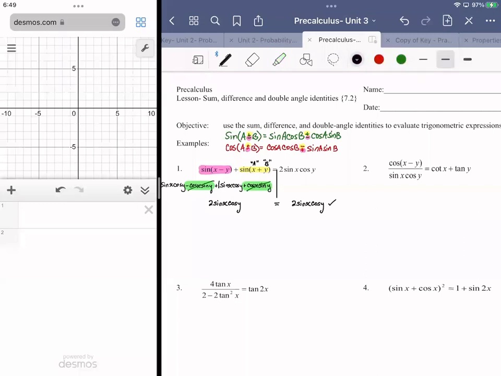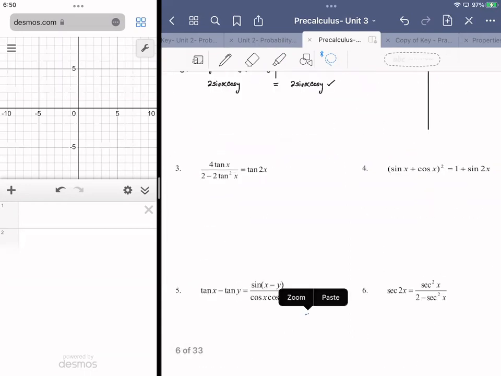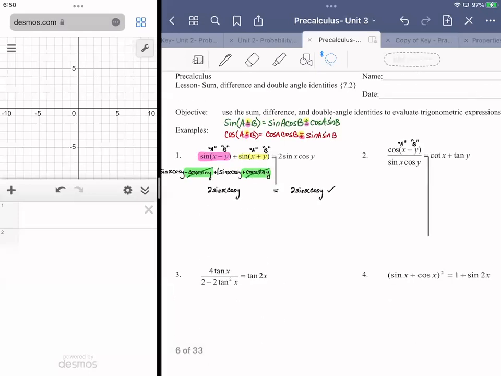So for the second example, we would have cosine of x minus y, right? Again, it's the same situation where we have an a and a b. So the a value and the b value are being subtracted.